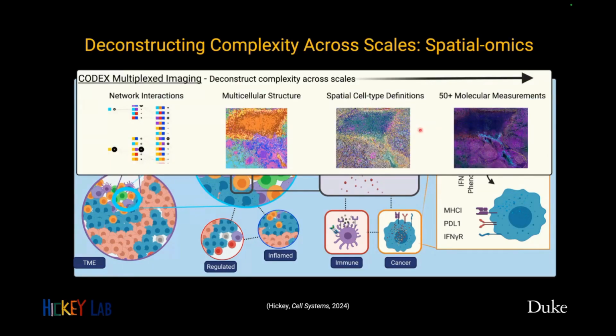So one of these methods that has been developed is Codex multiplex imaging, and this allows 50 plus molecular measurements at once within our tissue sections. From that, we can computationally define individual cell types, and from that, we can identify multicellular neighborhoods or structures. And then because we have all the data, we can connect these across biological scales to gain insight.